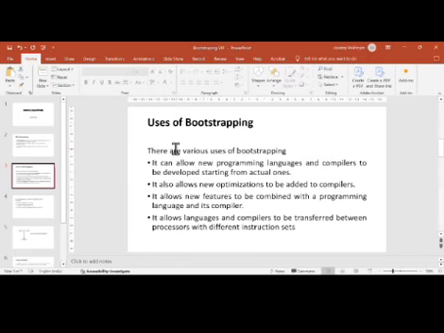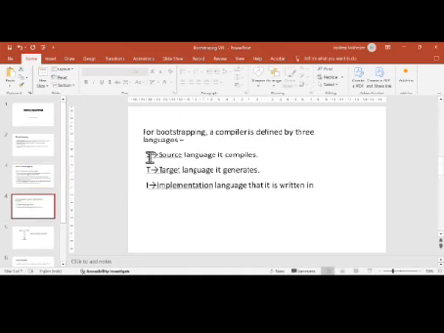Next, we are going to see the three languages. A compiler can be characterized by three languages. What are they? S, T and I. S stands for source language, T is the target language, and I is the implementation language.